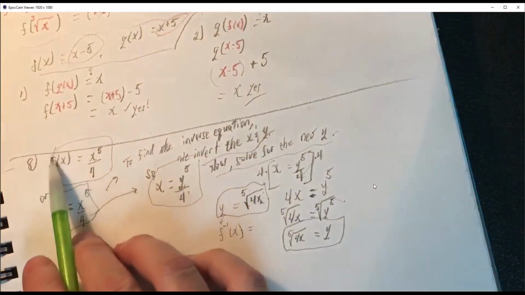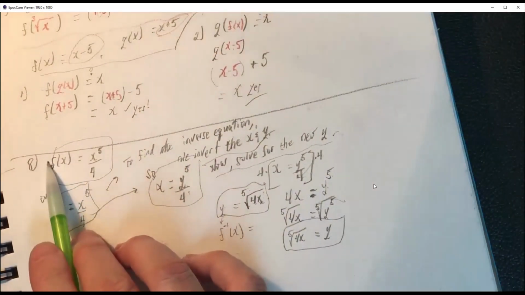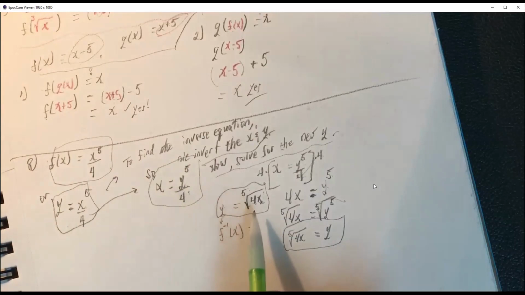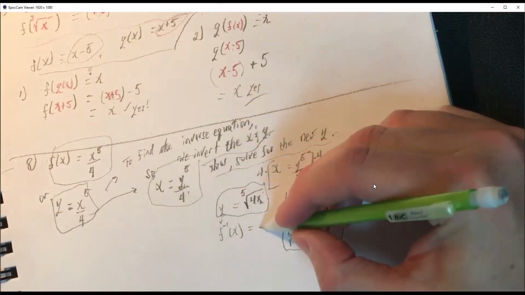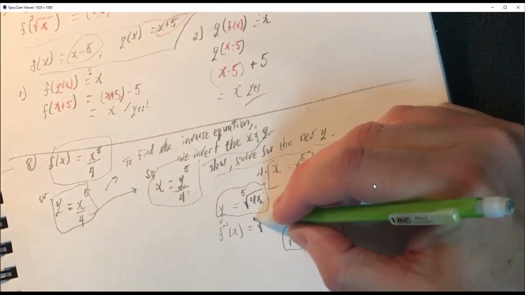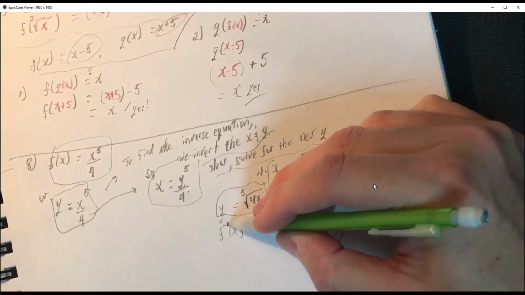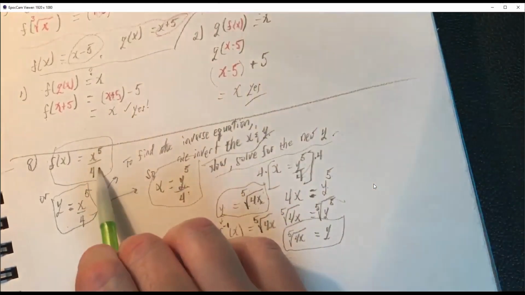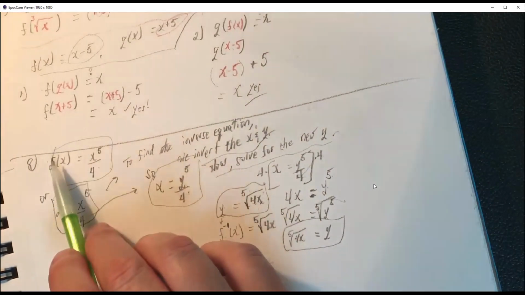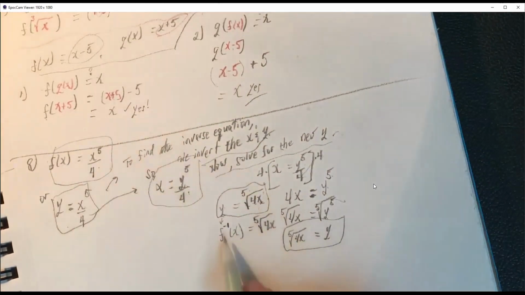And if they name this one f of x, and we know this one is the inverse, then instead of writing y, we can say the fifth root of 4x is the inverse of this, or you can say the inverse of f, which is this notation.